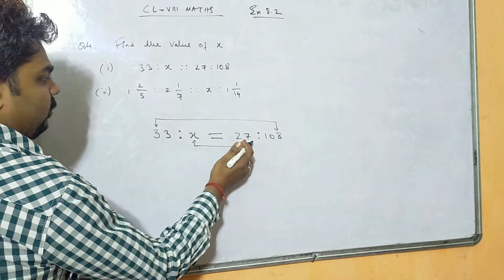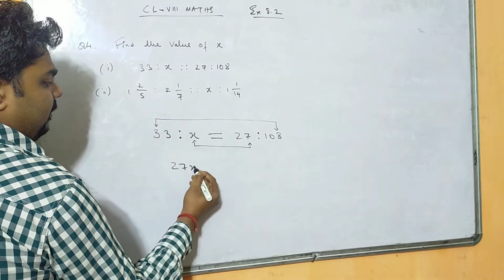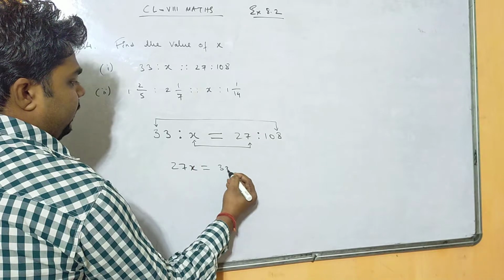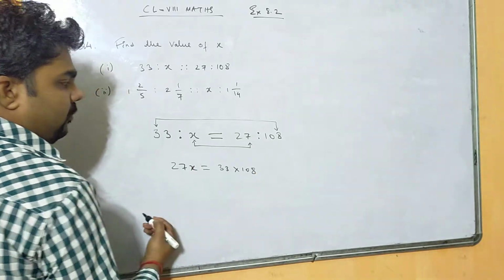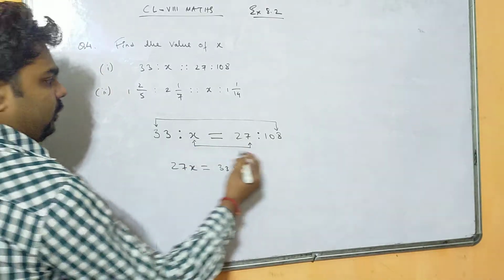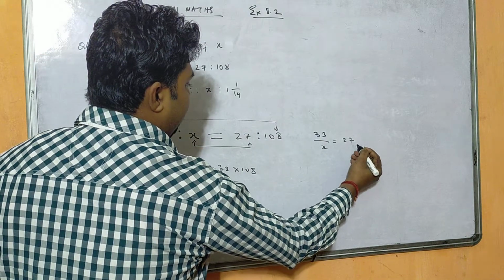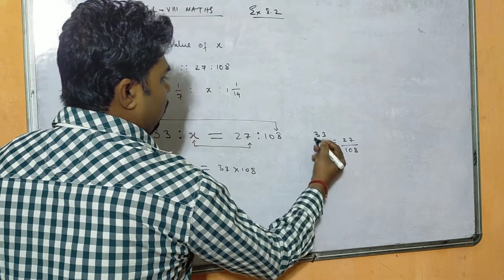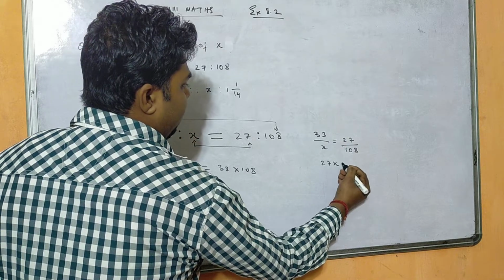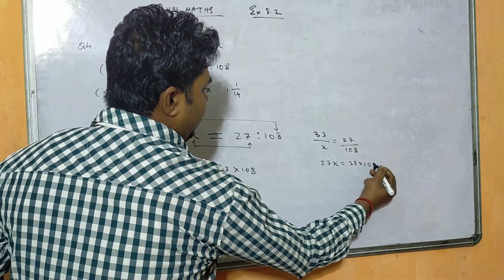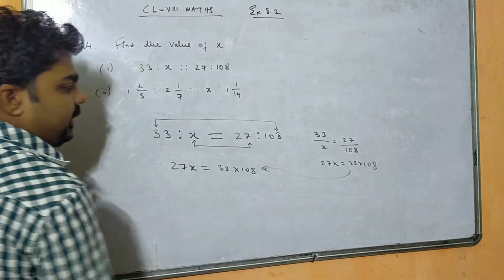So this can be written as 27 into x, that is 27x, and this as 33 into 108. The same thing you get if you write 33 by x equals to 27 by 108 and cross multiply: you will get 33 into 108.